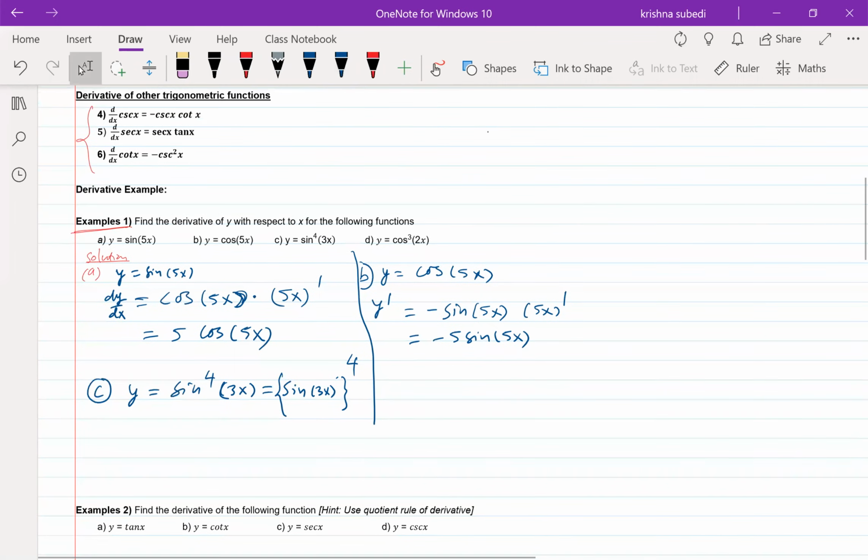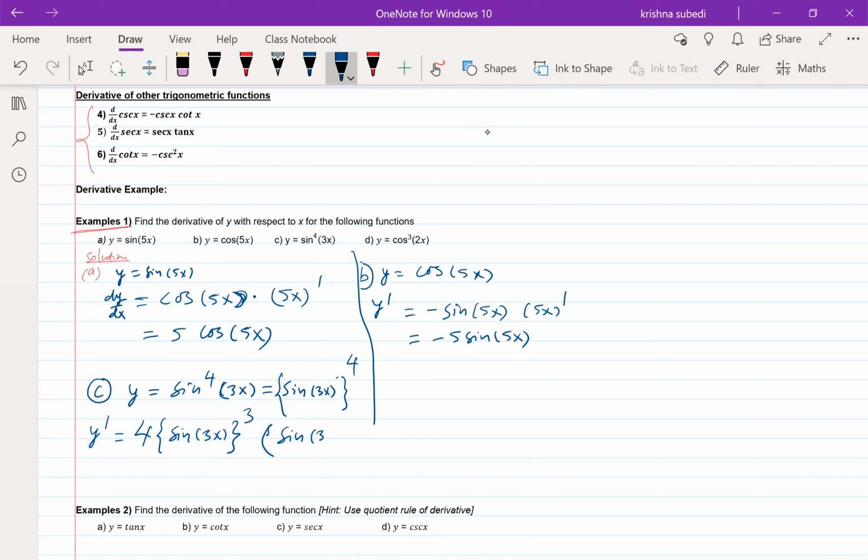Now, we need to use the chain rule twice, actually. So first, the outside, the mother function here, there are 2 babies actually inside, you see. First, work with that. There are twins there. So 4, and then you have sine 3x power 3. Now you need to find the derivative of sine 3x.